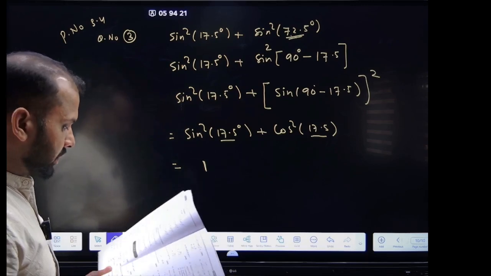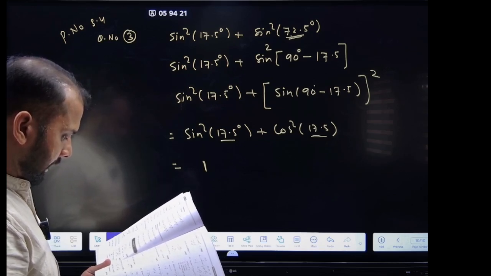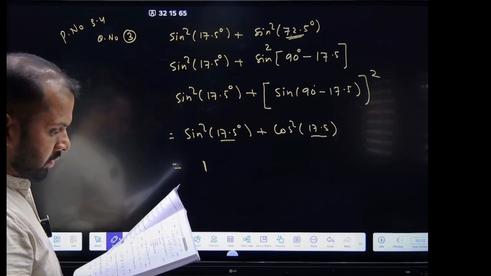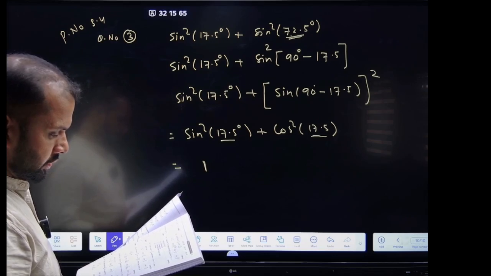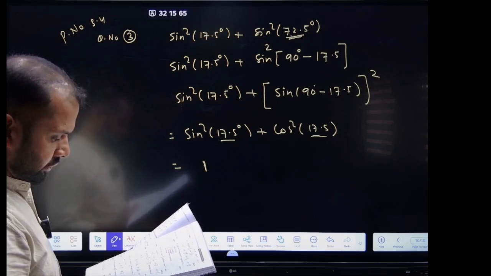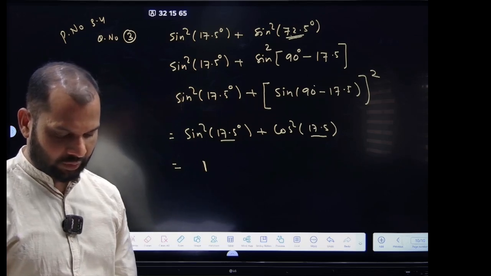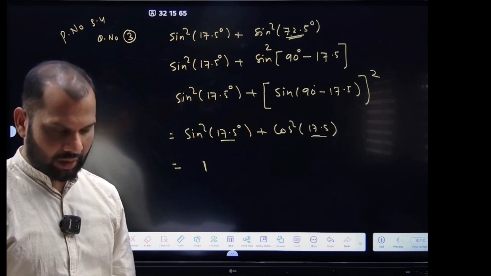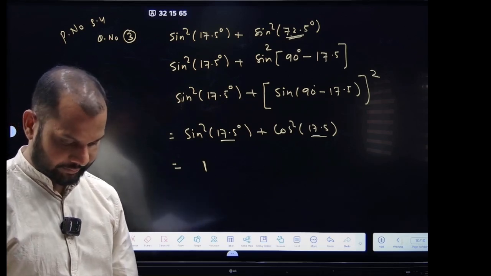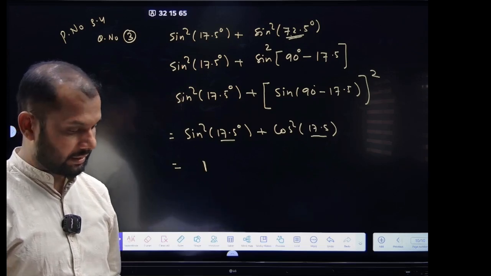After that you will be solving question number 14, then 16, then 15 from PYQ.